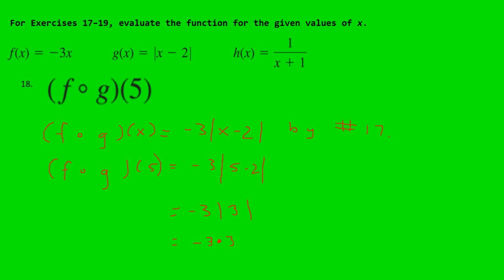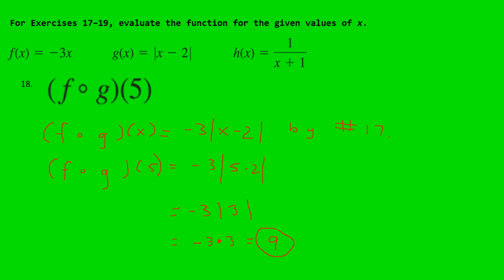What's the absolute value of 3? 3. That's what gets multiplied by -3. And -3 times 3 is -9. So -9 is the answer.